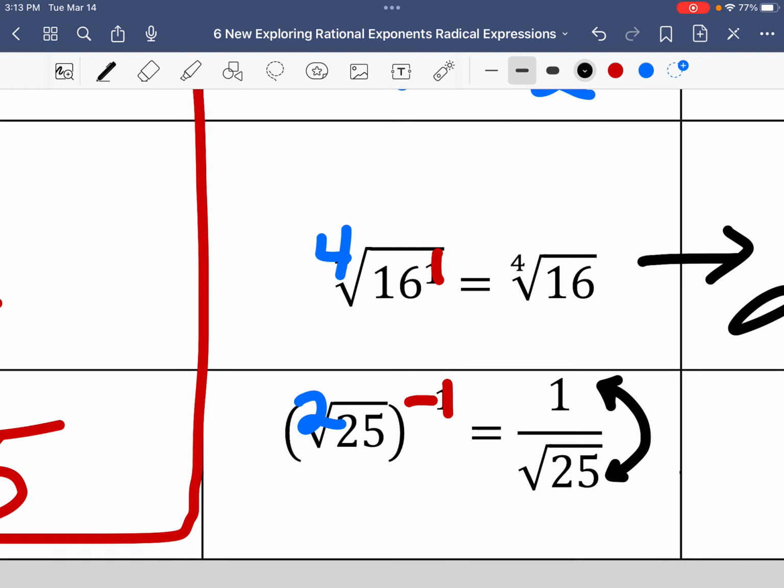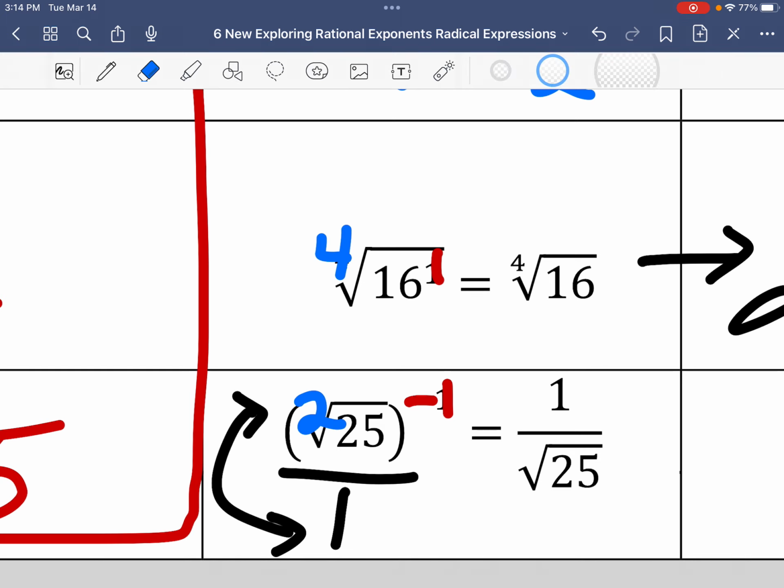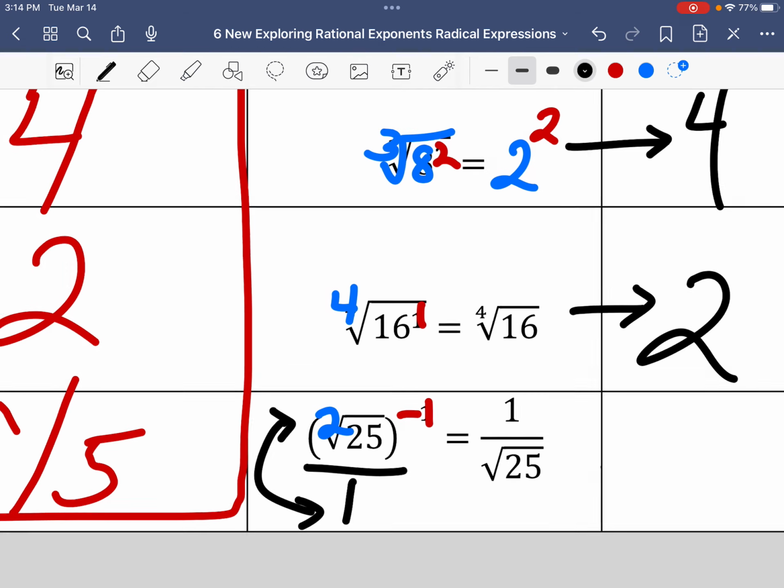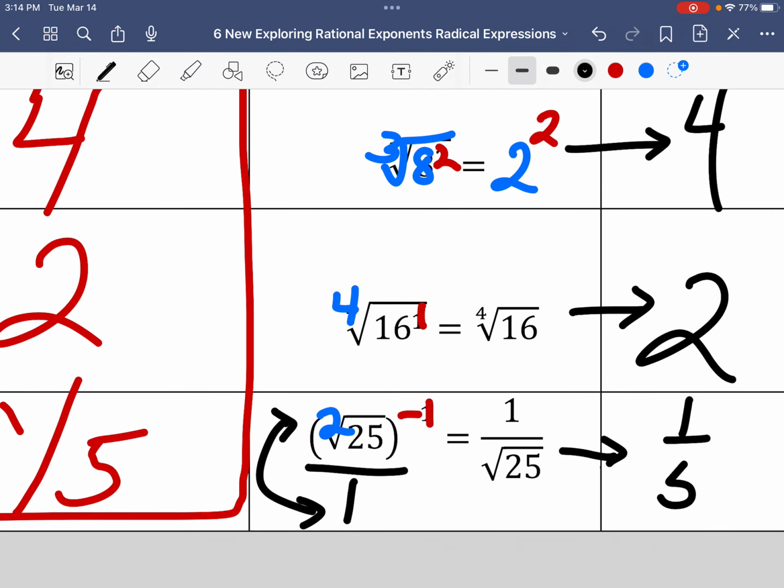So now, instead of the square root of 25 over 1, it's 1 over the square root of 25. And so we end up being able to think of this as 1 over 5.